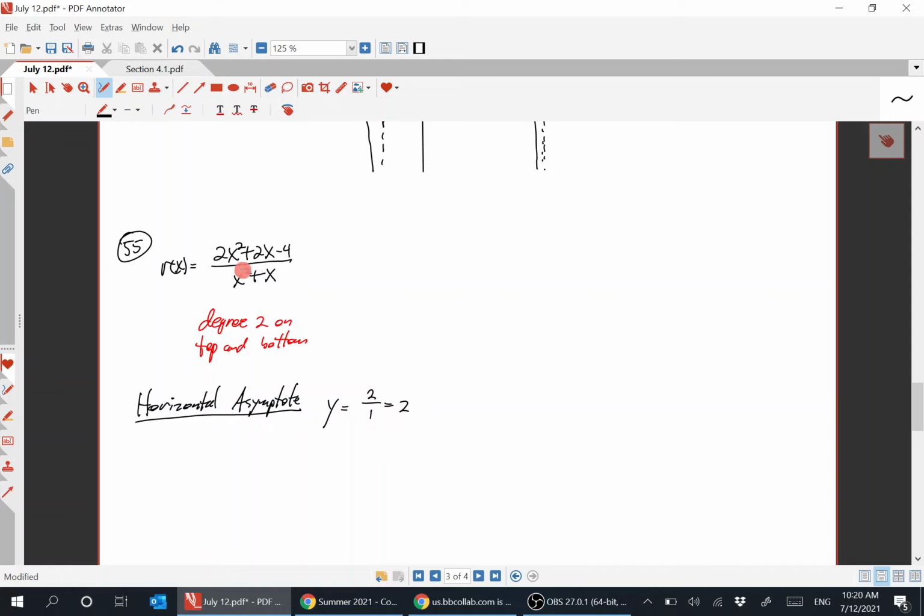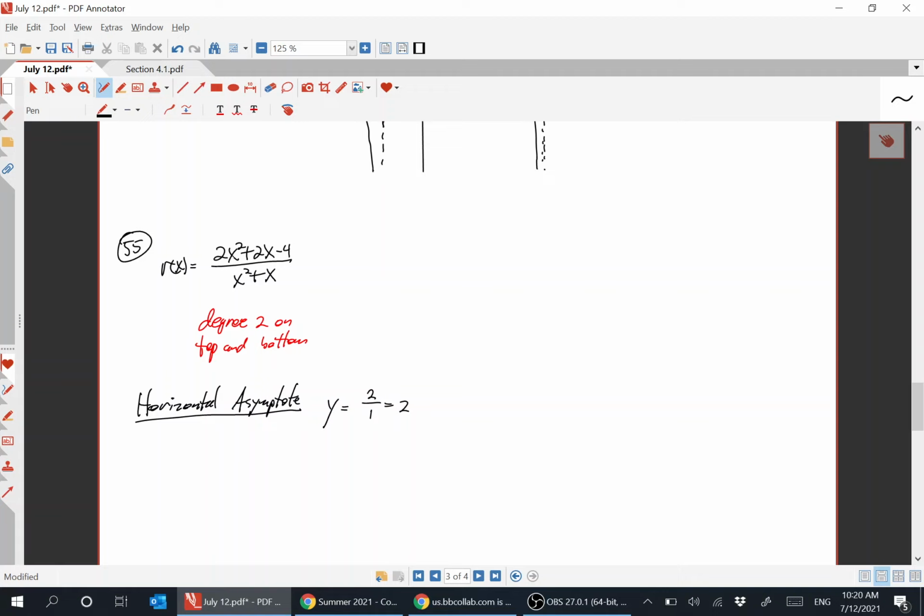And of course, you'll never get y equal to 0 when you do this, because when the degree on the top and the degree on the bottom are the same, it means you have a non-zero coefficient for that highest power of x on the top and bottom. It's only when the degree of the top is less than the degree of the bottom that you get the horizontal asymptote at y equal to 0.